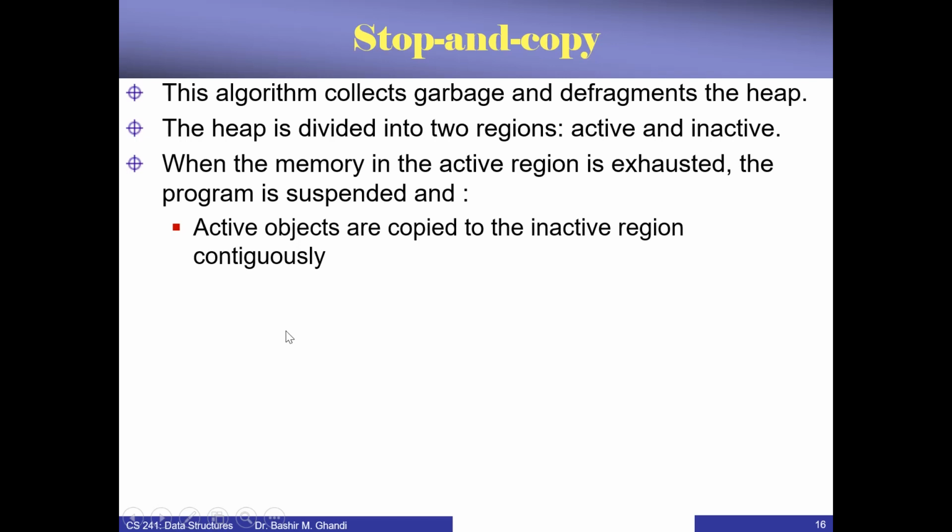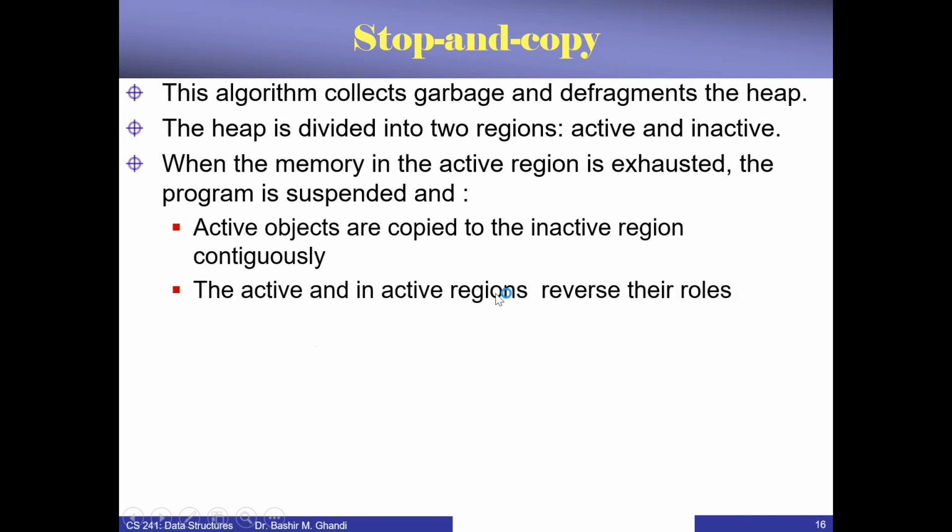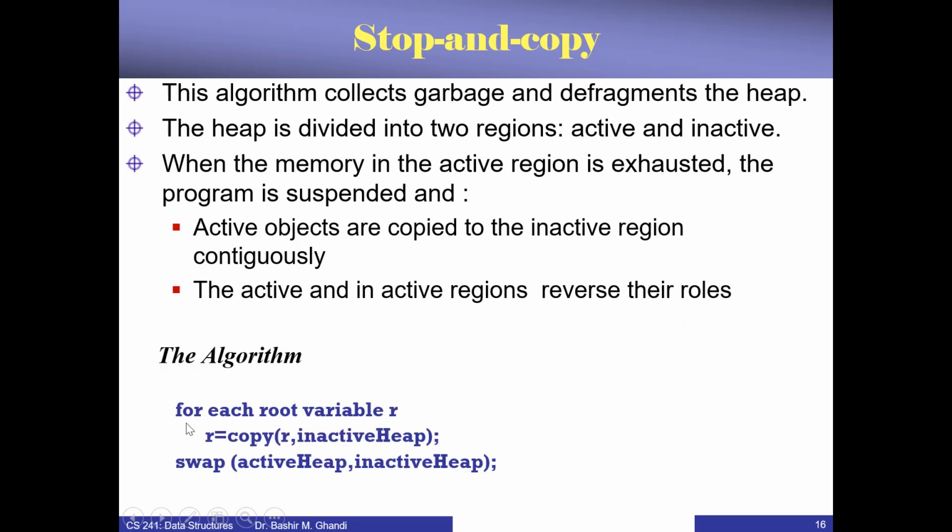So this is the first phase. It will copy all the objects in the active part and put them in the inactive part. Then the active and inactive regions reverse their roles. Now the inactive part becomes the active part, so allocation will continue from that, and the part that was previously active will now become inactive. This is how this system works. When this one is also almost exhausted, it will do the same thing: copy all the objects to the inactive and then reverse the roles.